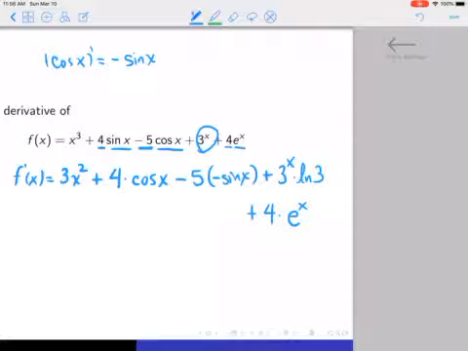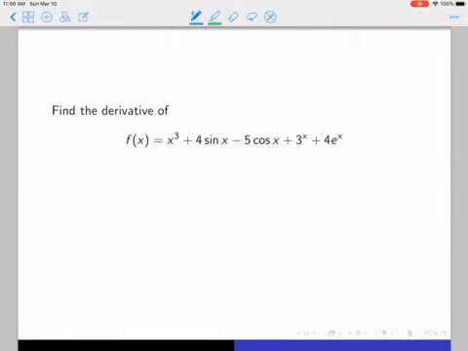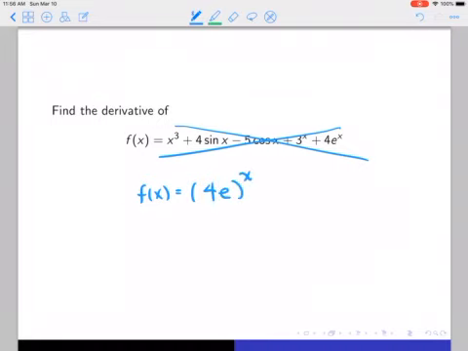Let me close with one, maybe slightly different problem. So let's cross this off. Suppose our function was f of x equals, I don't know, let's do something like 4e all to the x power. Okay? So how could we find the derivative of this function? Well, remember, this is equal to something to the x power. It's equal to some number a. Well, what is that number? That number is just 4 times e.